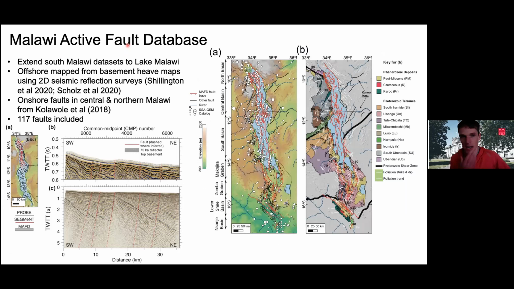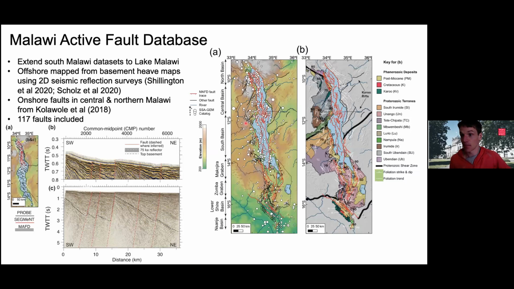Okay, so moving on now to extending this analysis across the rest of Malawi. This is ongoing work, to extend our South Malawi fault map across Lake Malawi using data from 2 generations of 2D seismic reflection data, Project Probe and Segment.